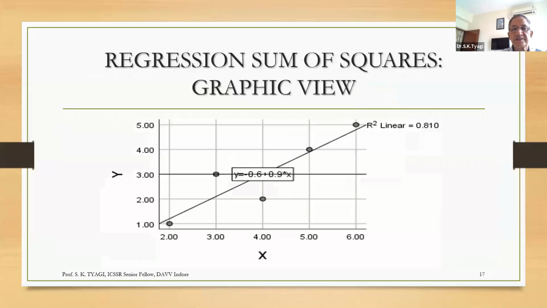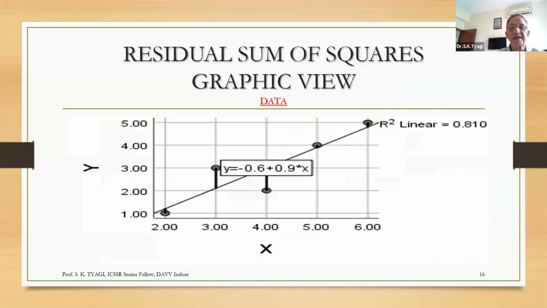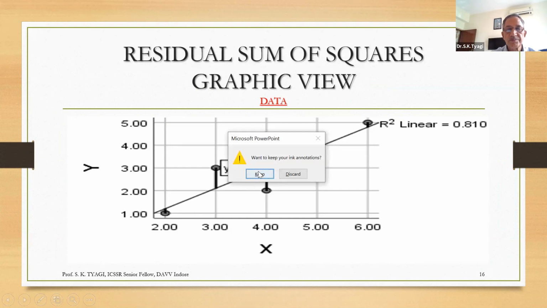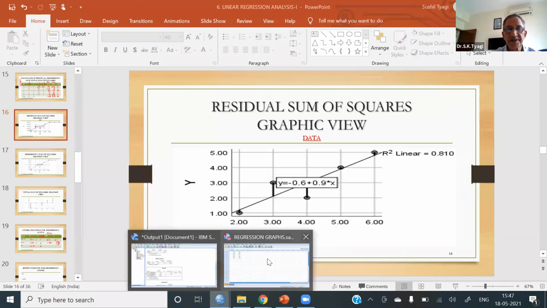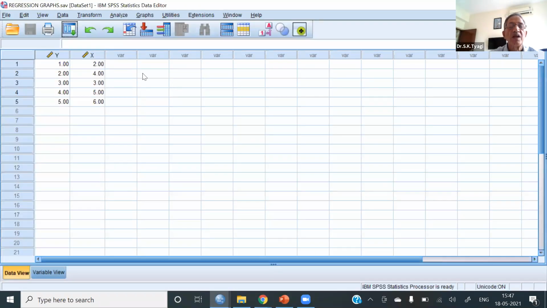Now, let us try to understand these residual sum of square and total sum of square through this graph. See, this is the data, okay?